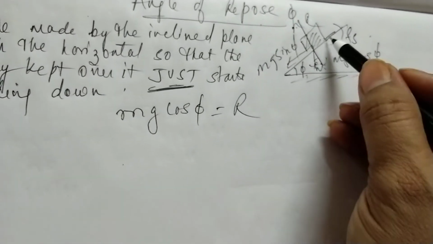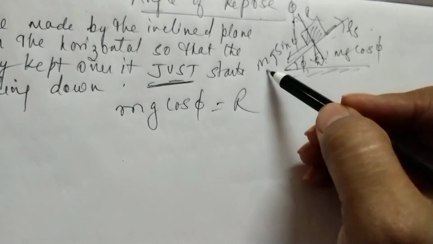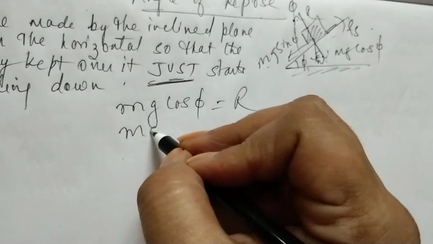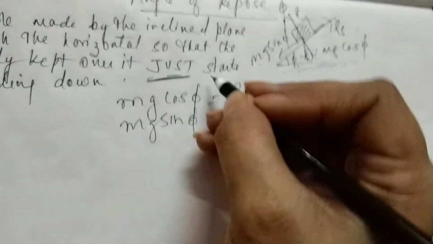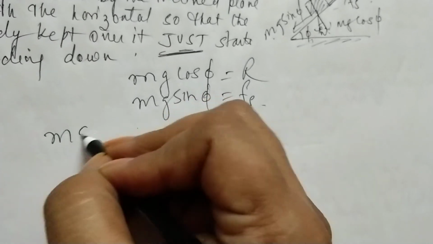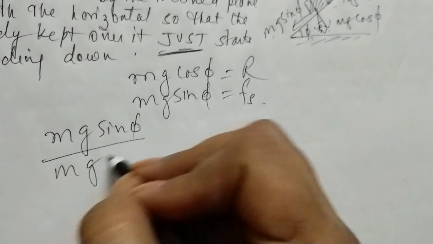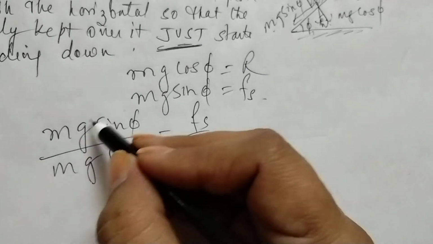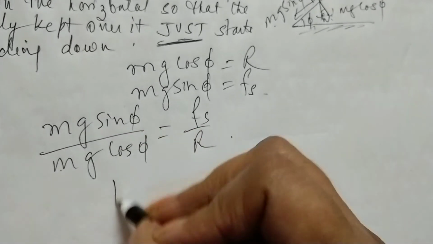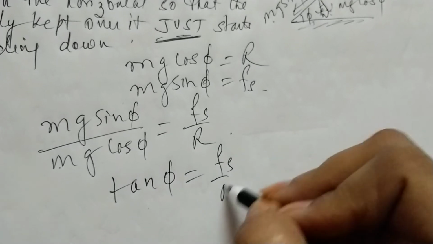So here the frictional force is getting balanced. mg sin phi is in this direction, so mg sin phi equals Fs. Now let us divide the equations: mg sin phi by mg cos phi equals Fs by R. This cancels off, and we are left with tan phi equals Fs by R.